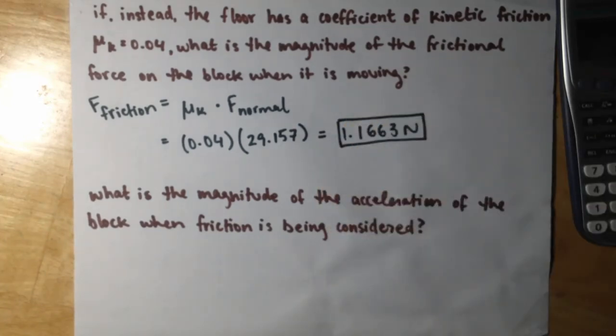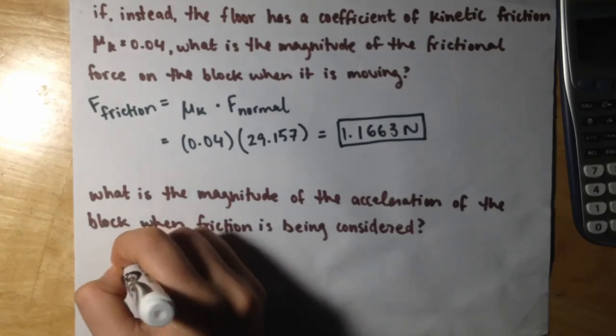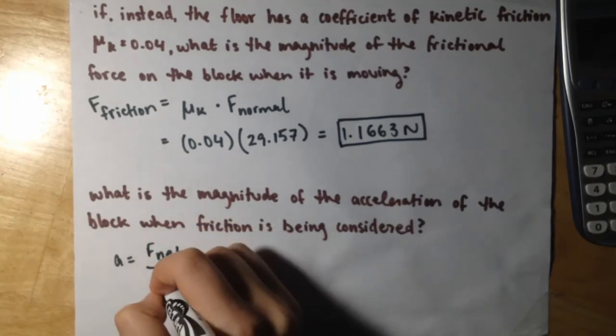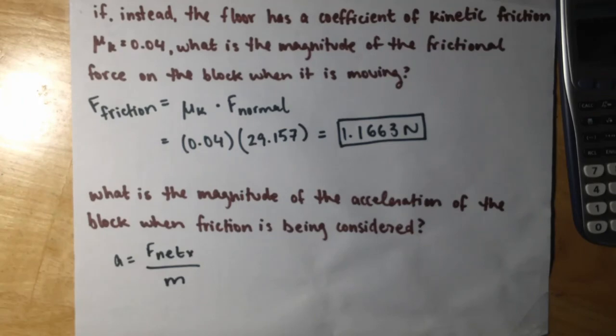Now, what is the magnitude of the acceleration of the block when friction is being considered? So we can use the same setup as we used in the very first problem, which was a is equal to the F net in the x direction divided by the mass. This time the net force acting in the x direction will be the x component of the force acting on the box minus the frictional force.